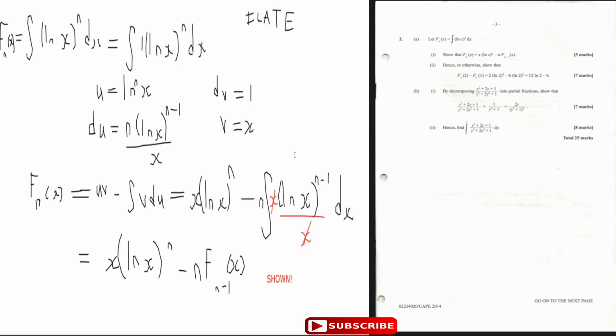Now it says hence or otherwise, show that f3 of 2 minus f3 of 1 is that right there.